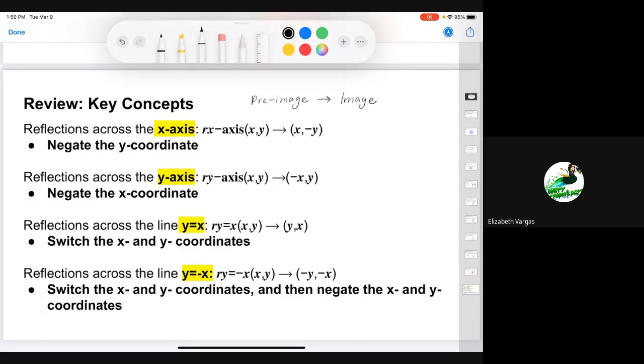Okay? And the way we do that is we use our different reflection rules. So we have a specific rule for reflection across the x-axis, a specific rule for reflection across y-axis, a specific rule for reflection across y equals x, and a specific rule for y equals -x. And basically, we just follow those rules in order to change our original coordinates.